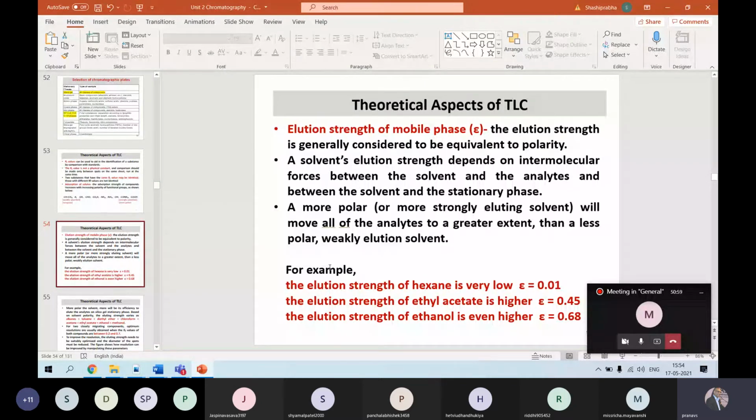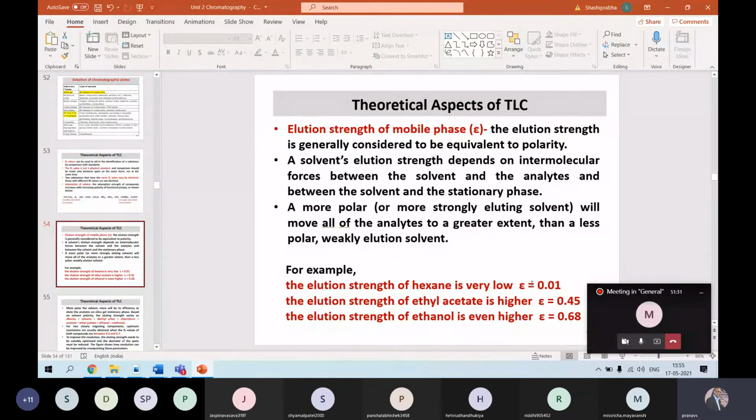As you can see here, it is very low for hexane, but very high for ethanol and even greater for methanol and water. Water is close to 0.78, and methanol is around 0.72. So you will find different solvents. These eluting strength values tell us which solvent to be used.